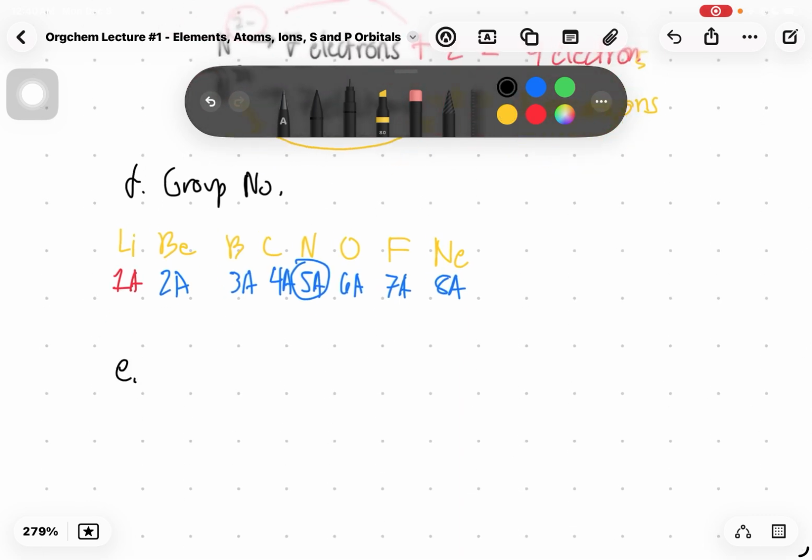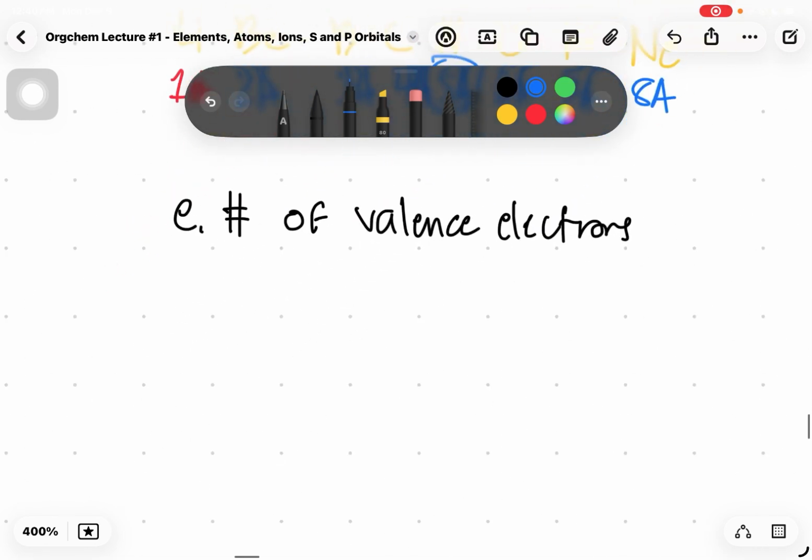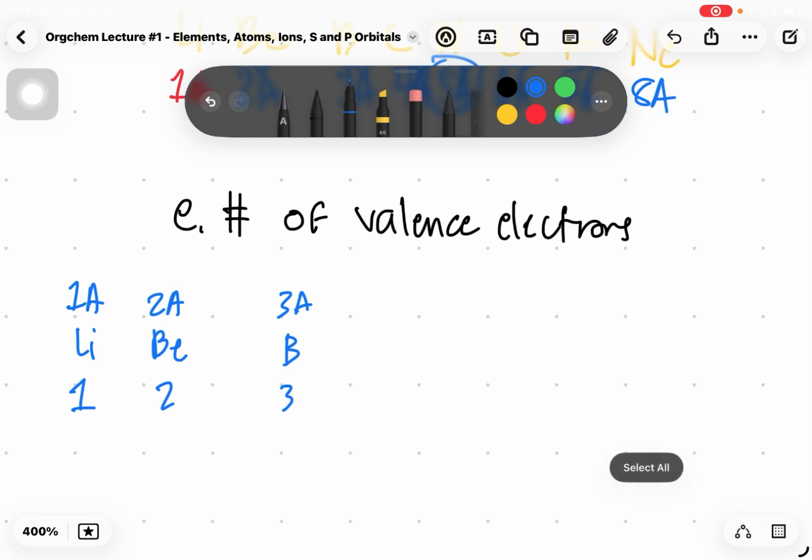The number of valence electrons. So how do we determine the number of valence electrons? The number of valence electrons is basically equivalent to the group number. So if lithium is in 1A, we would have 1 valence electron. Beryllium is in group 2A, we would have 2 valence electrons. If boron is in group 3A, we would have 3 valence electrons. Carbon at 4A means that it has 4 valence electrons.